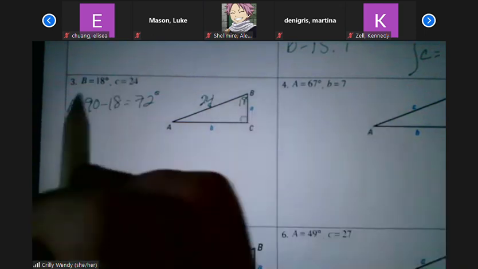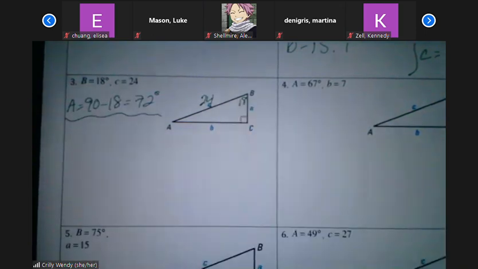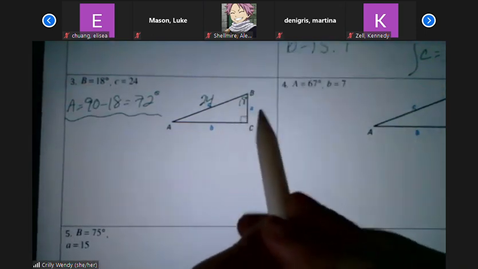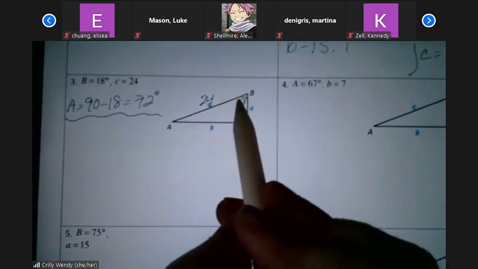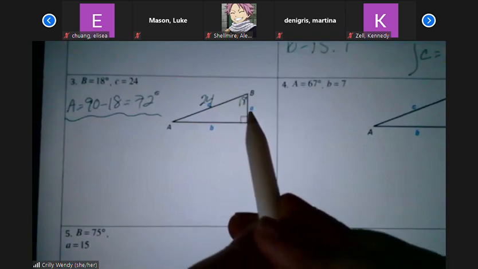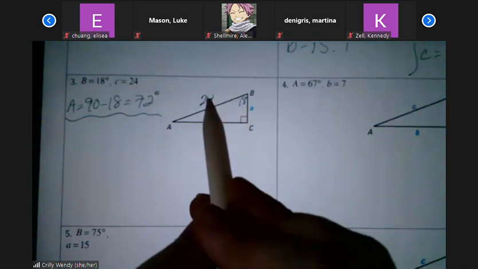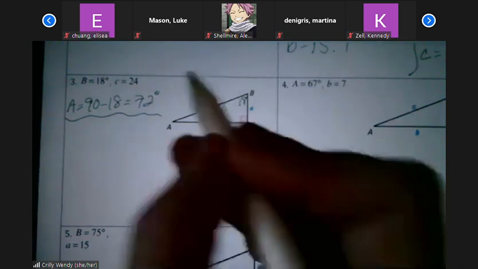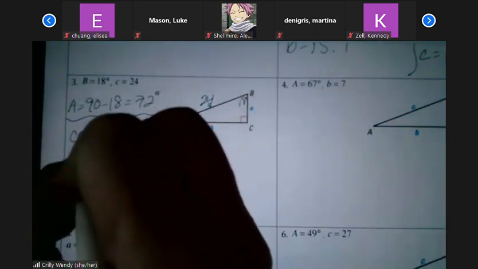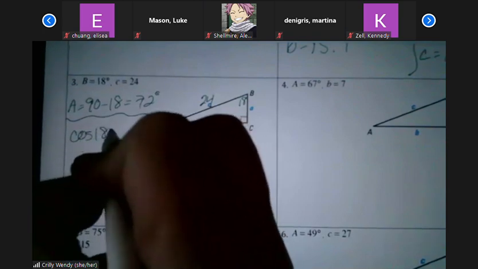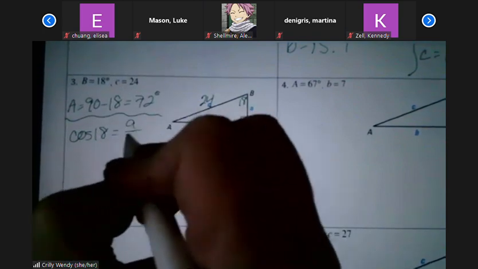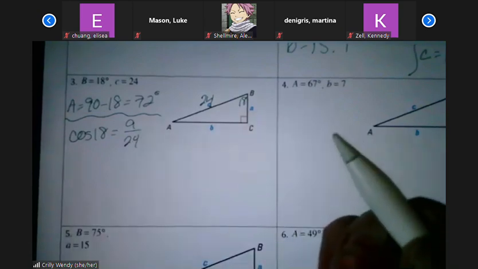All right, so now to find the missing sides, I'm going to look for A first. So looking at the 18, A is the adjacent leg, 24 is the hypotenuse. So that would be cosine. So I'm going to say the cosine of 18 equals A over 24.